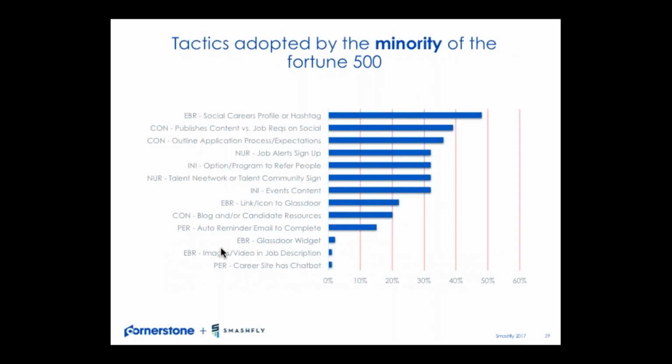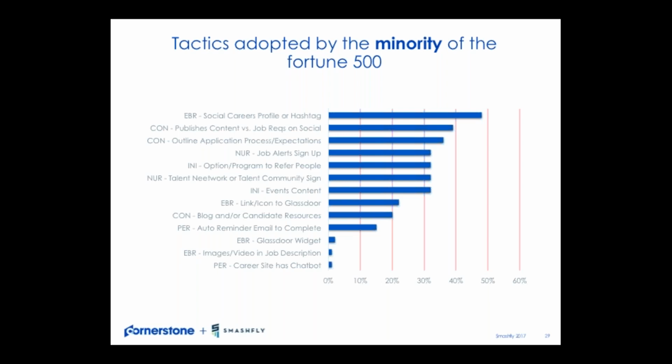That's right. And then what we're showing here is tactics that are adopted by the minority of the Fortune 500, so less than 50%. And I think this is where it gets really interesting. Again, really simple things like having a job alert sign up, outlining the application process on the career site, having, for example, an automated trigger to remind candidates who dropped off the application process to complete their application, having a Glassdoor widget on the career site so that potential candidates can get a sense of what the company's about and what the employee experience is like.